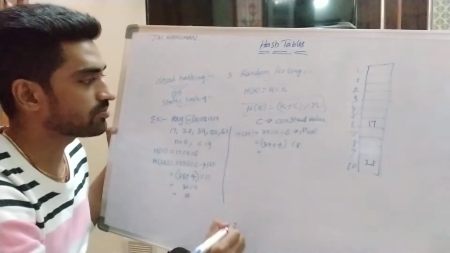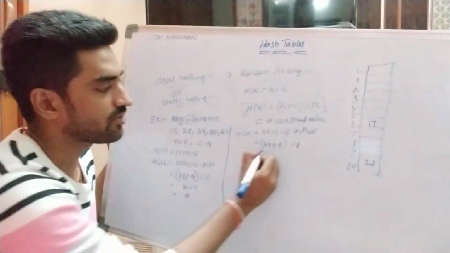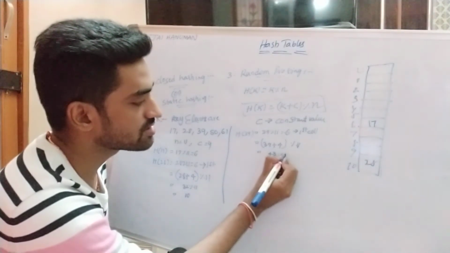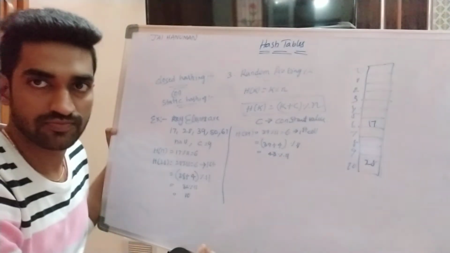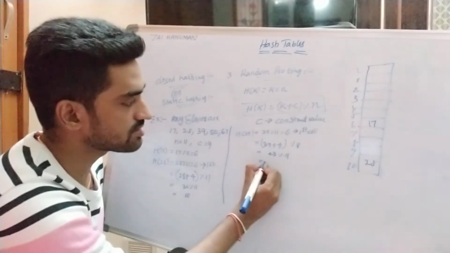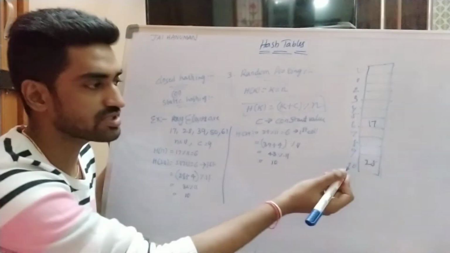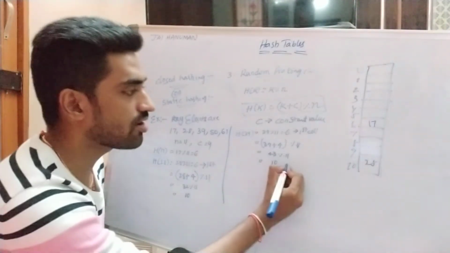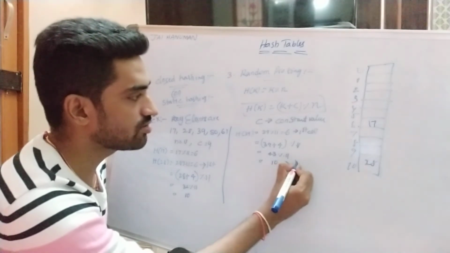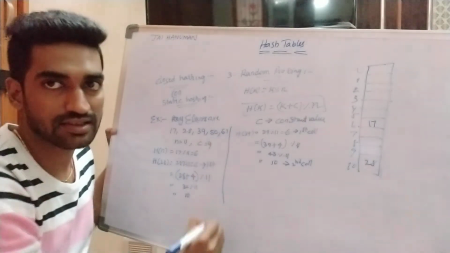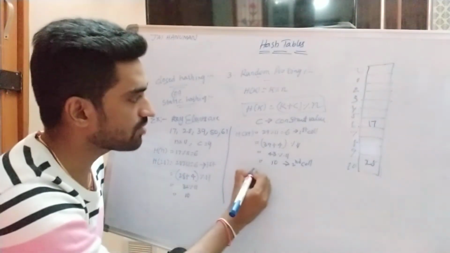So 39 plus 4 is 43. So 43 modulo division of 11, right? So 11 threes are 33, or 10. So the 10th position is not vacant, it's already occupied. So that's why a second collision has also occurred for the 39th key value, right?